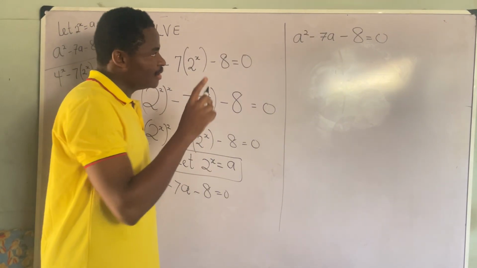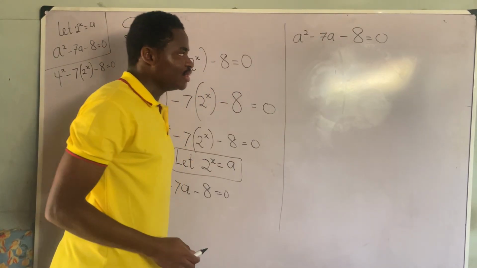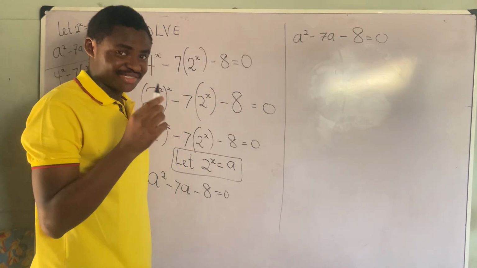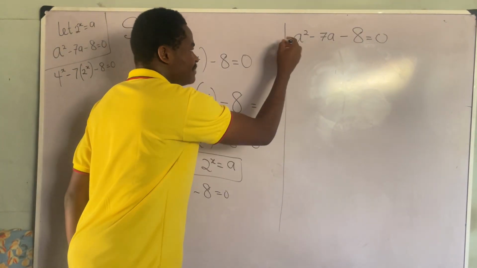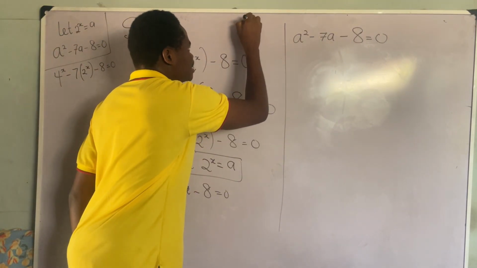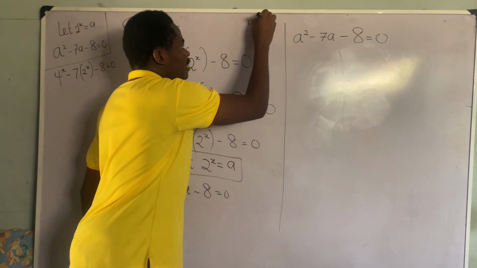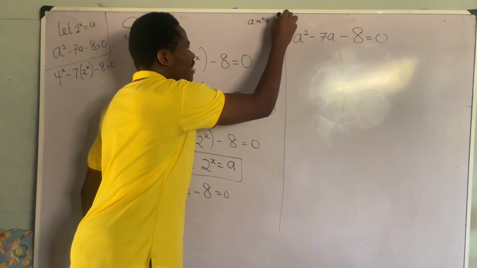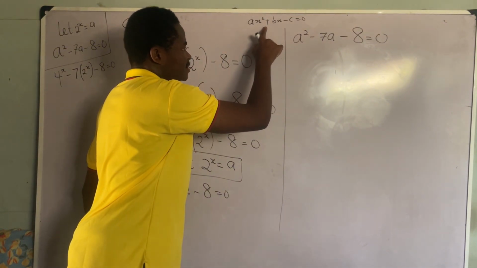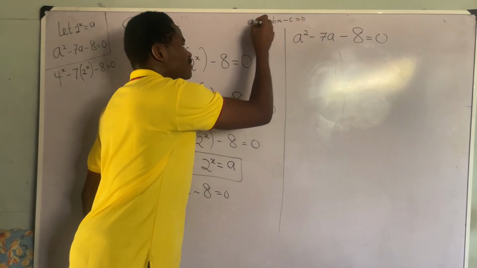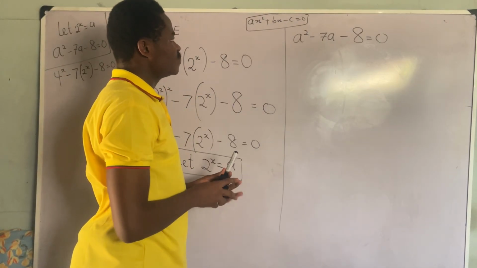Two numbers which, when you multiply, you are going to have minus 8, but when you add, you're going to have minus 7. By the way, a quadratic equation is one that is expressed as a x squared plus bx plus or minus c equals 0.